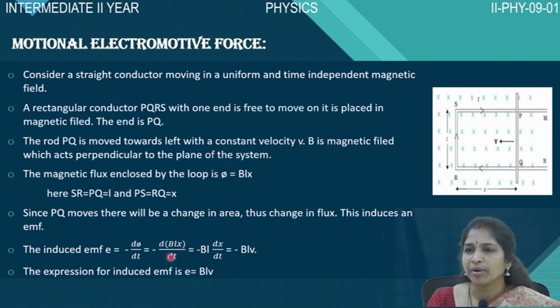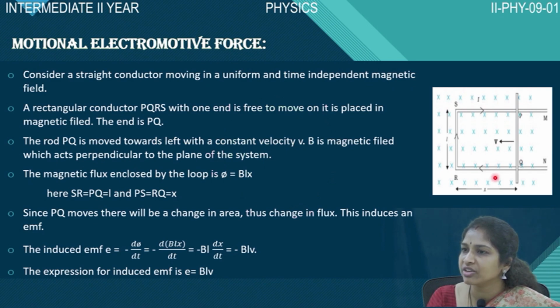Okay. So if you observe, the magnetic field induction is constant. Length is not changing, so that is also constant. So those two are constants with respect to time, and I cannot differentiate them. So what is changing with respect to time? This x is changing, because this one end PQ we are moving towards left with a velocity v.